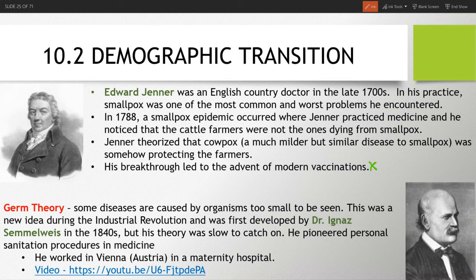And so it's during the Industrial Revolution that we start to see some of this understanding develop. We get Dr. Ignaz Semmelweis, who worked as a doctor in a maternity hospital in Vienna. And what he noticed is that many of the mothers who were coming in to give birth were actually getting very, very sick and dying.